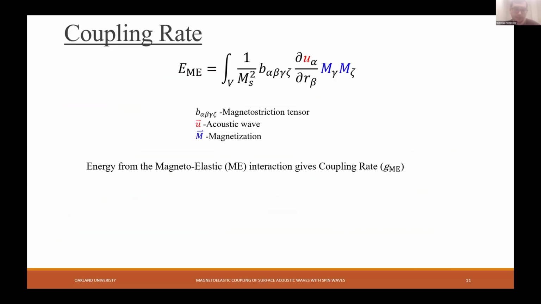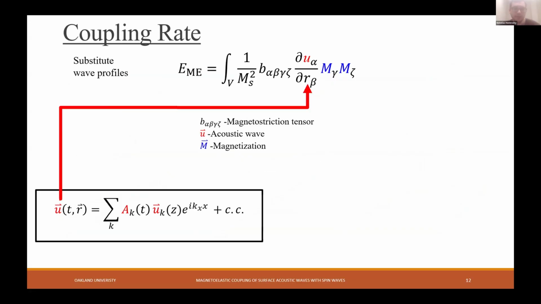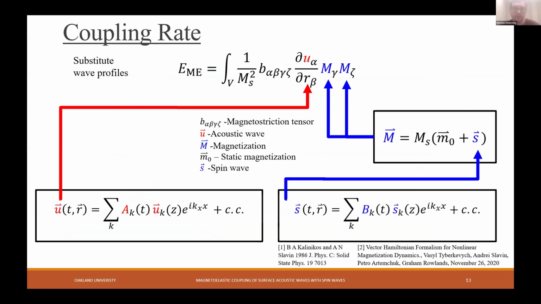So how I calculate the coupling rate: magnetoelastic energy density, plug in wave profiles for the acoustic wave and for the magnetic spin wave. I know I'm throwing a lot at you there.